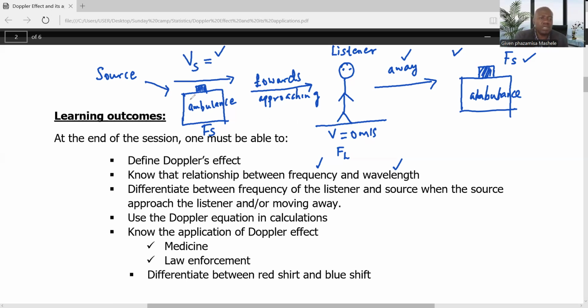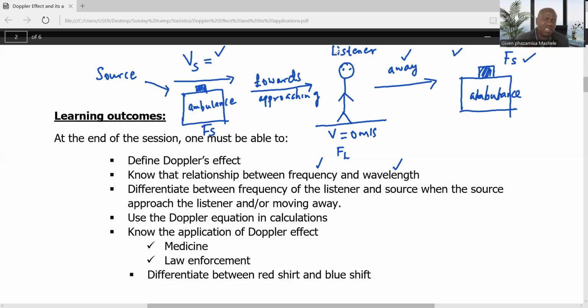So what does this mean? It means that when the source is moving towards the listener, the listener will start to hear a higher pitch, or the pitch observed by the listener will increase and be higher than that of the source because it is now approaching.